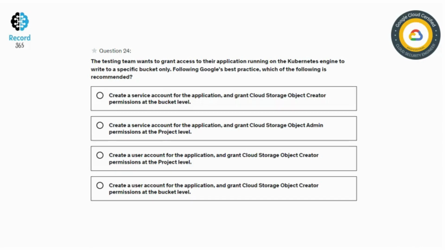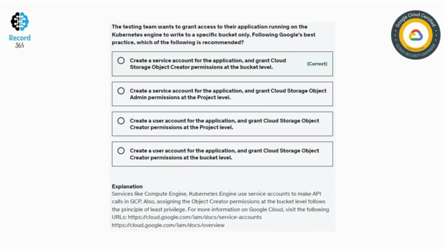The right answer is create a service account for the application and grant the Cloud Storage Object Creator permissions at the bucket level. The explanation is that services like Google Compute Engine and Kubernetes Engine use service accounts to make API calls in GCP. Also, assigning the Object Creator permissions at the bucket level follows the principle of least privilege.